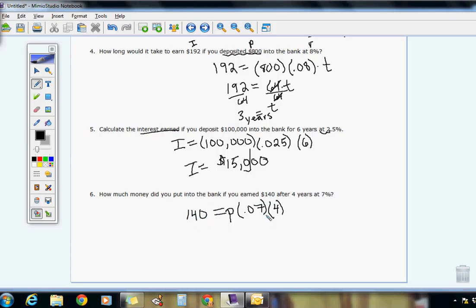So we want to do 0.07 times 4, and what we get is 0.28 times P equals 140. Then when we divide both sides by 0.28, you come out to a nice even number of $500. So if you put $500 in the bank at 7% for 4 years, you will have made 140. And remember, that means you have a grand total of 640 if you're thinking about all this together.